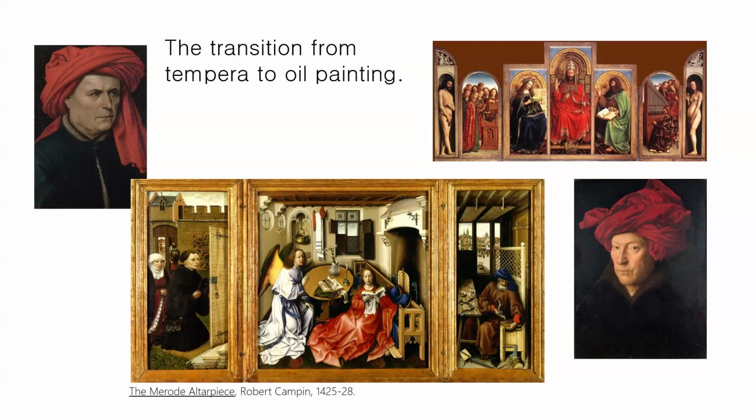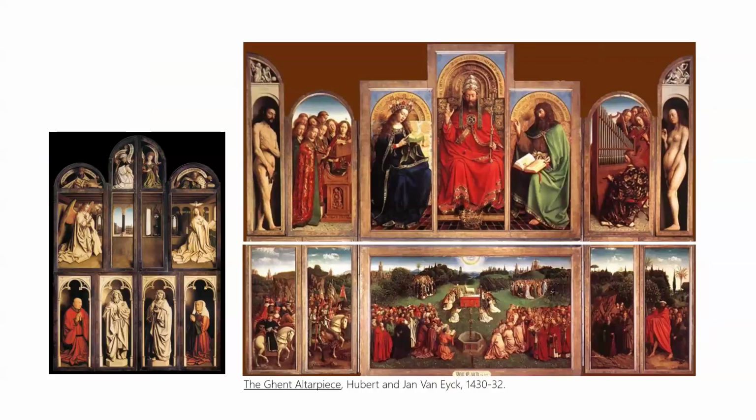And it's through that eventually, we're not sure who, but probably either Hubert or Jan van Eyck, figured out that if you really wanted that pigment to mix with that oil completely, what you needed to do was grind it.